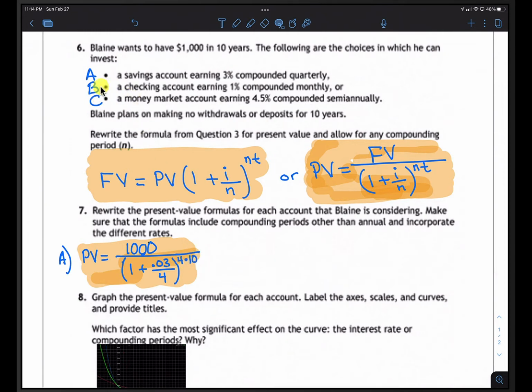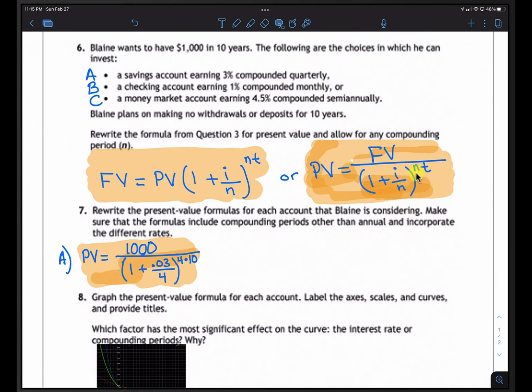All right, for account B, it's a checking account earning 1%. It's compounded monthly. So again, the future value is still 1,000. On the bottom, it'd be 1 plus i. That's the interest rate. Well, that'll be 1% divided by 12 because in account B, it's compounded monthly, and there are 12 months in a year.